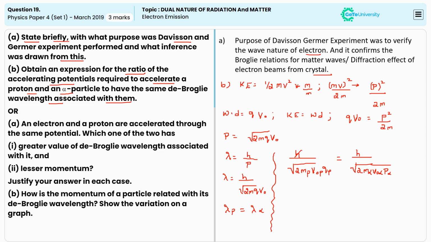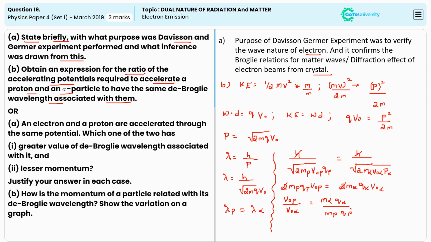Then we cancel h and square both sides, we will get 2mp qp V0 proton is equal to 2m alpha q alpha V0 alpha. Cancelling the 2 on both sides, we get the ratio V0 proton divided by V0 alpha is equal to m alpha q alpha divided by mp qp.